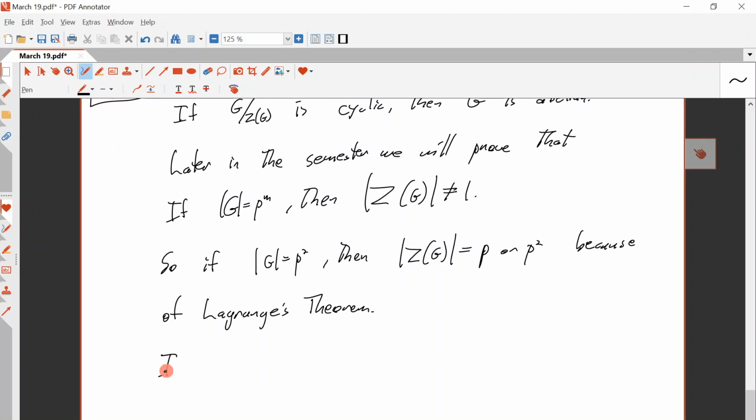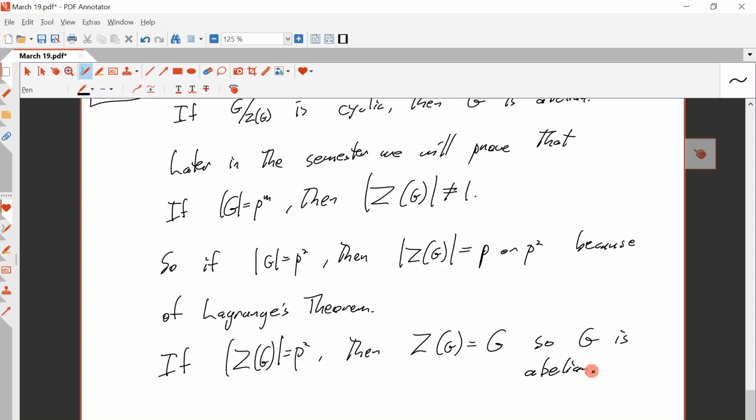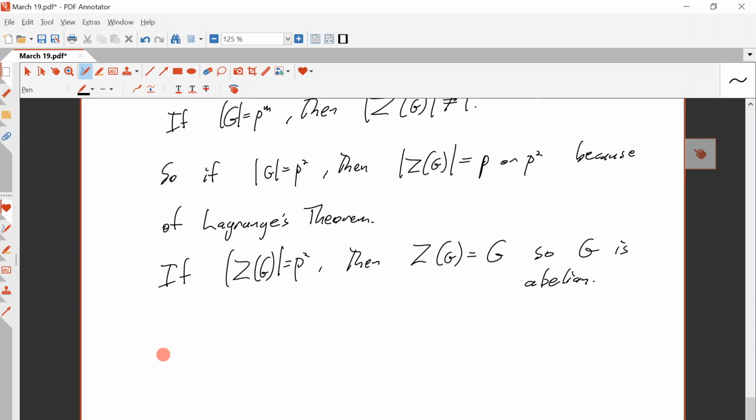So if the order of the center of G is p squared, then the center of G is equal to G, so G is abelian. The center of G is the set of all a in G such that ab equals ba for every other b in G. That definition tells you that if the center is the whole group, then it's abelian to begin with.